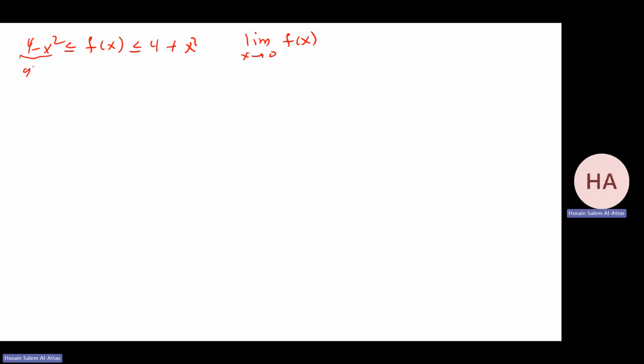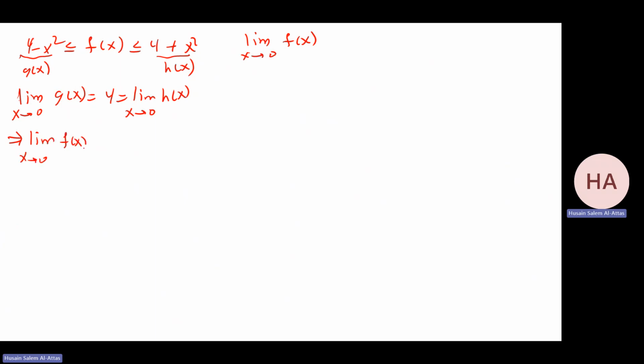If this is g of x, this is h of x, very clear limit of g of x as x goes to 0 will be equal to 4, and it's the same as h of x. So that means limit x goes to 0 of f of x will be the same by squeeze theorem.